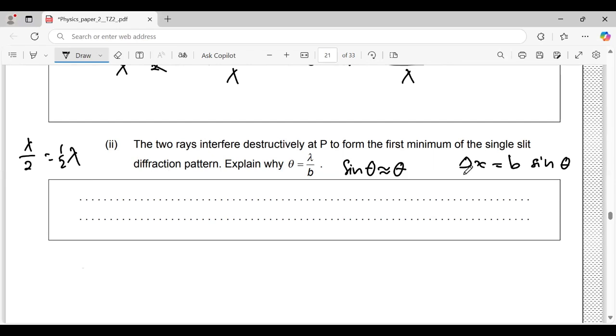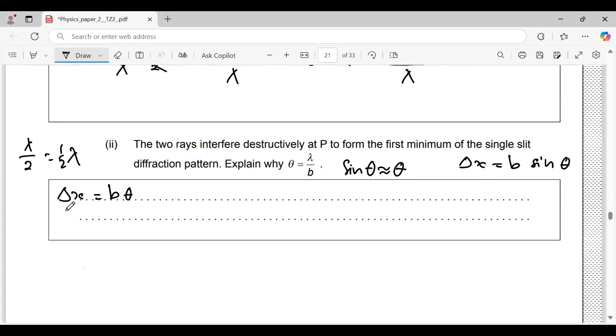So delta x equals b times theta. Next, for the first minimum, the path difference delta x is supposed to be equal to lambda.